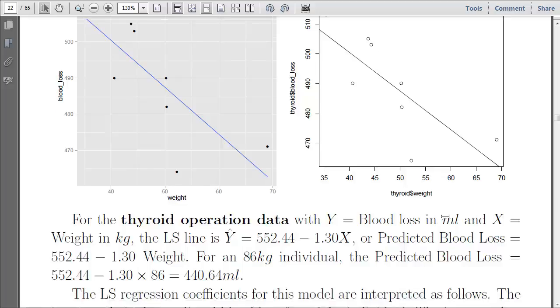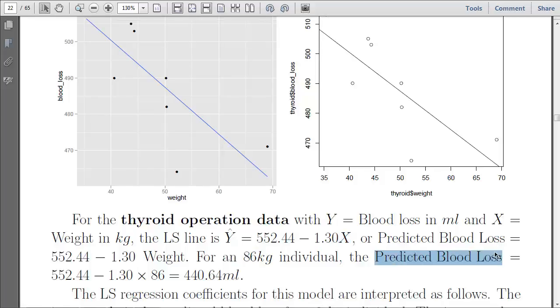All right, so let's make a new prediction. So take someone who is 86 kilograms. You can see from what we've observed so far, we've only seen people up to 70 kilograms, roughly. But imagine you've got someone who's 86. What is their expected blood loss using this relationship? So we're going to plug 86 in for x, as I've done down here.